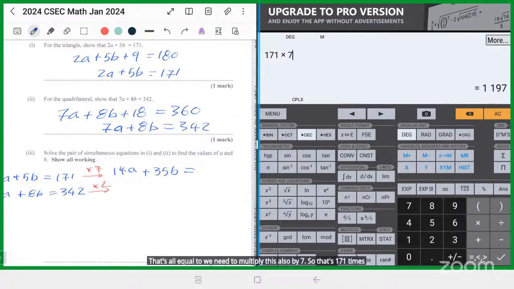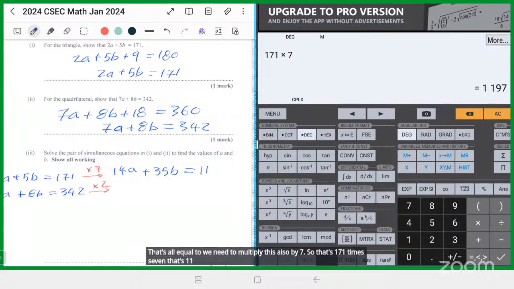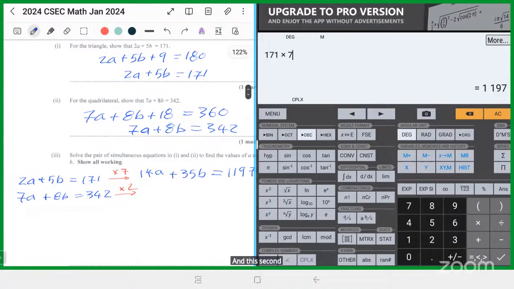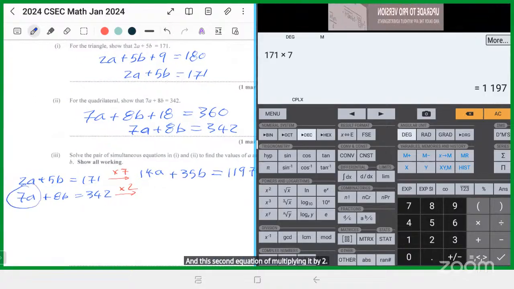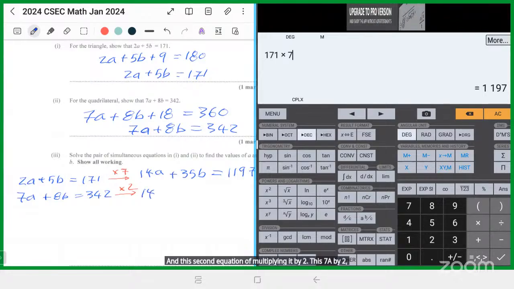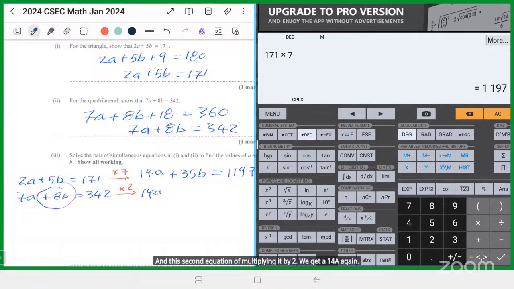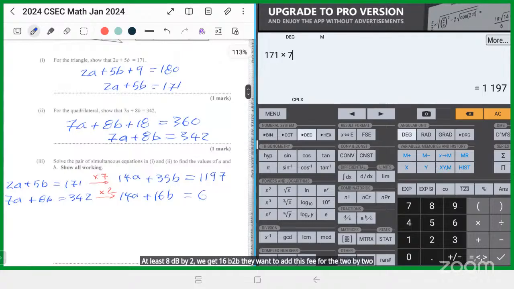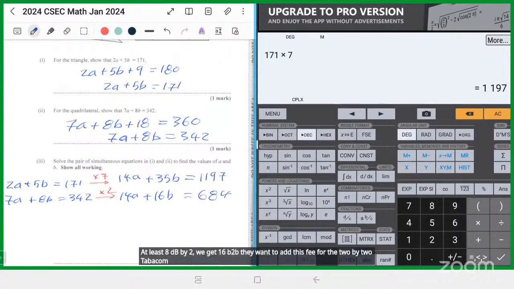That's 1197. And this second equation, now we're multiplying it by 2. So multiply this 7A by 2, we get the 14A again. Multiply this 8B by 2, we get 16B. Then multiply this 342 by 2, that becomes 684.